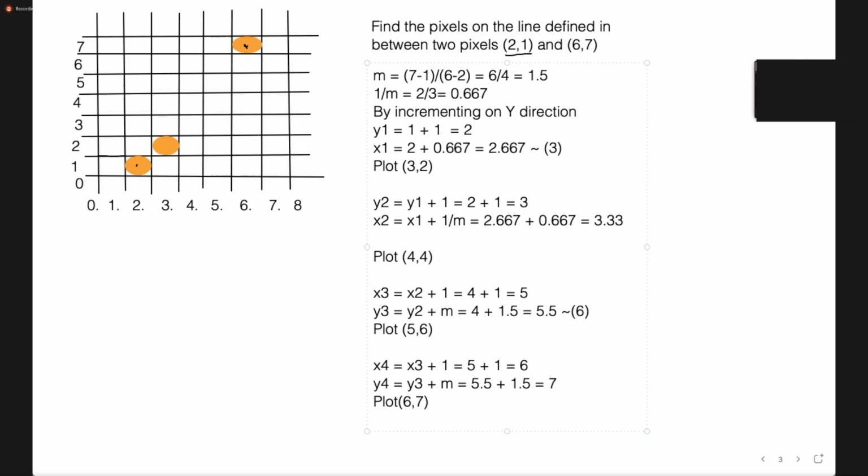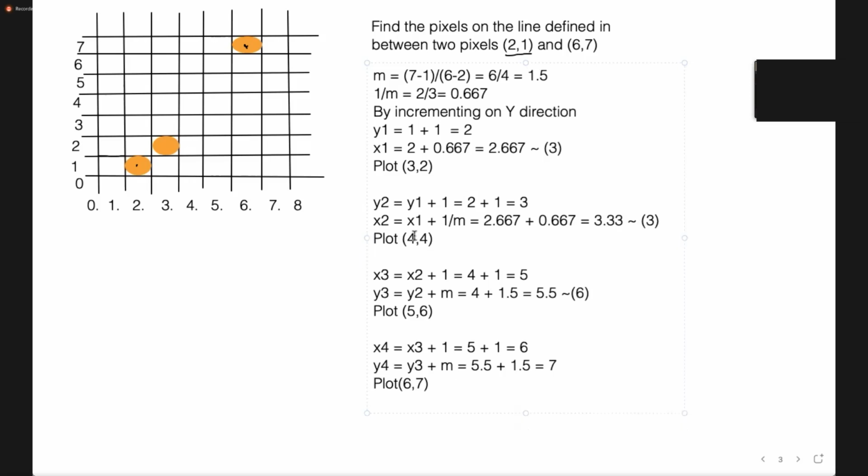Right? That is 3.33 here. 3.33 is available, and that will be taken as 3. And now we have to plot 3, 3. Now the plotting is to be done at 3, 3. Now again, next value.